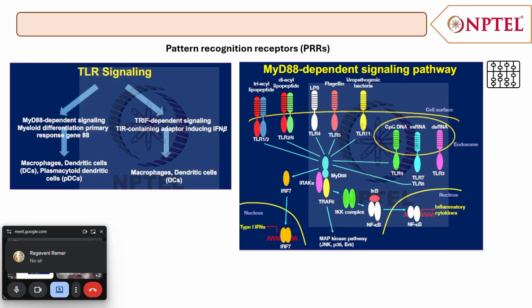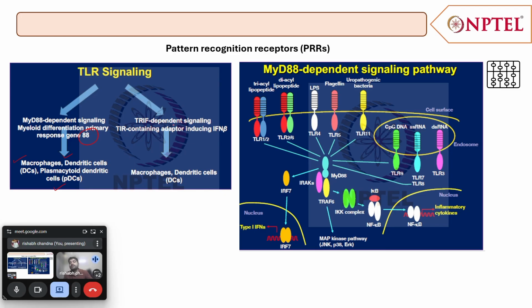Okay, so how do they actually signal? TLR has two pathways for signaling, as we discussed before. We have the MyD88 dependent signaling, where MyD88 stands for myeloid differentiation primary response gene 88. This helps in macrophages, dendritic cells, and the plasmacytoid dendritic cells, that is PDCs.